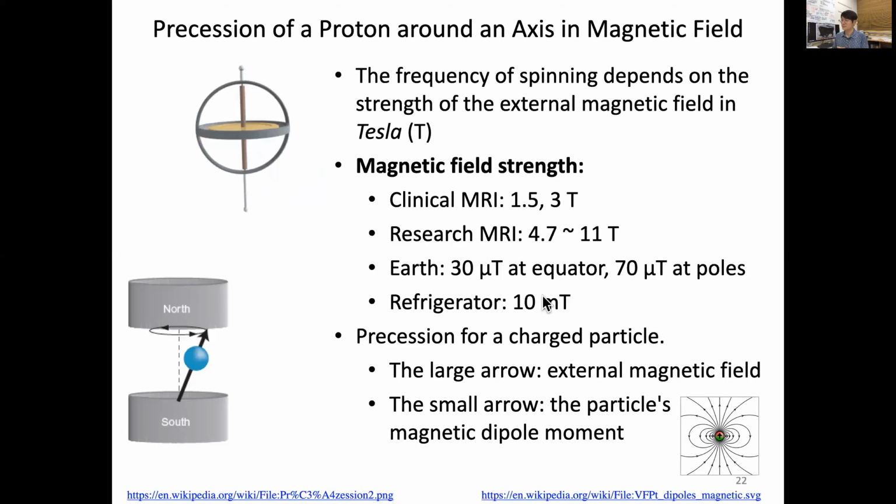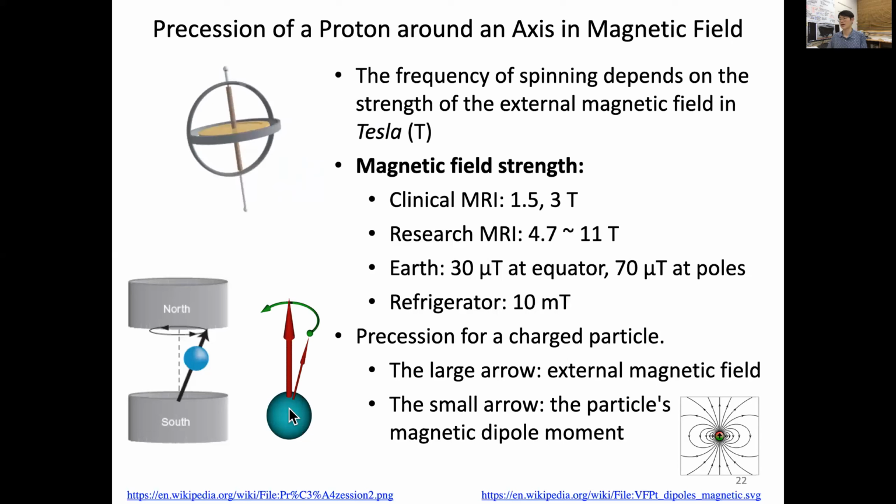For the precession of a charged particle as depicted here, let's say this is a proton, and the large arrow means the external magnetic field, then this small arrow, the particle's magnetic dipole moment, will start to precess. So this is giving us the contrast, giving a particular proton an MRI signal.